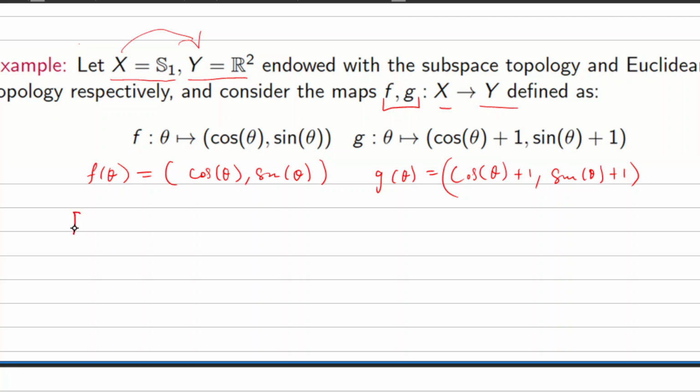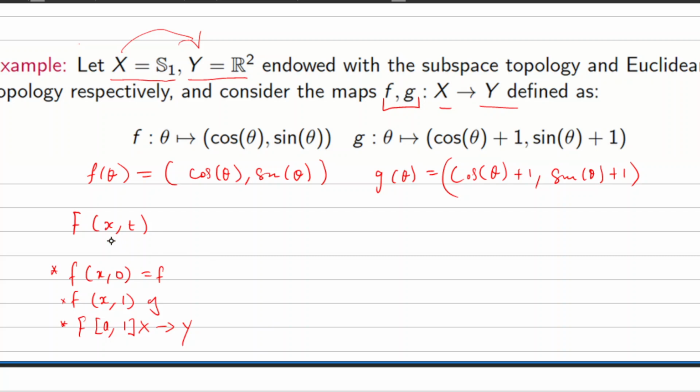We need to find a function F that takes x and t, such that when you take the function at time equals 0, you get your f, and at time equals 1, you get your g, and you need to show that F, as you move from 0 to 1 in time, is continuous.